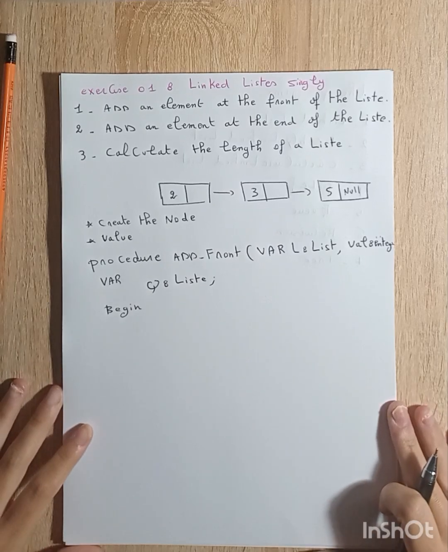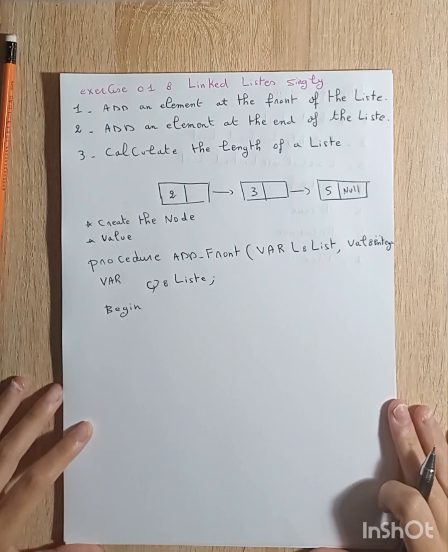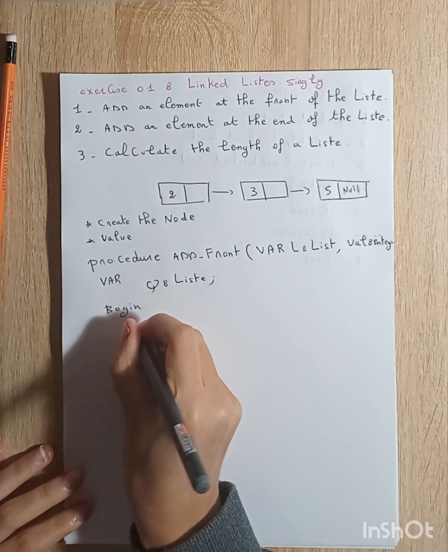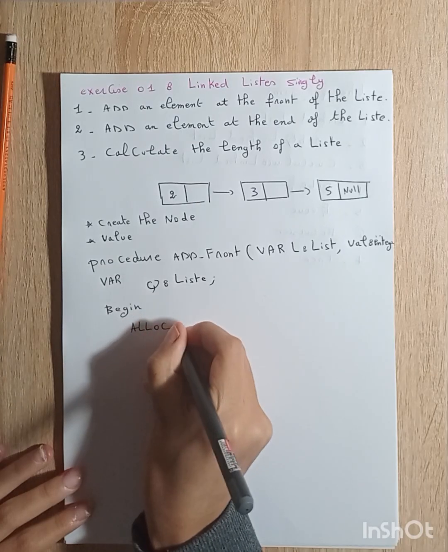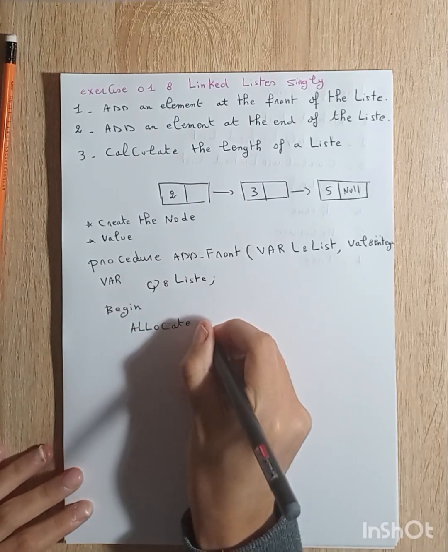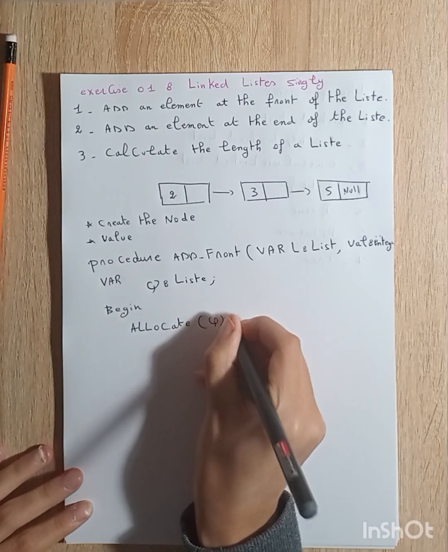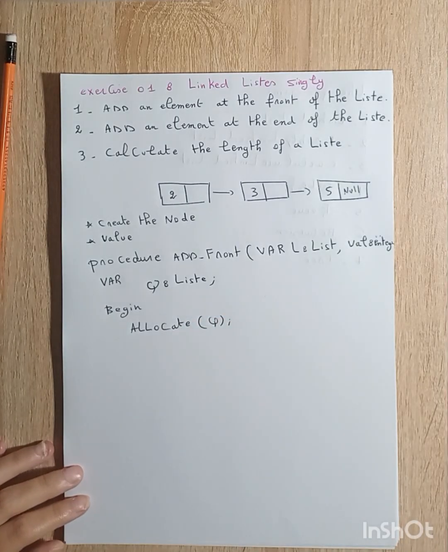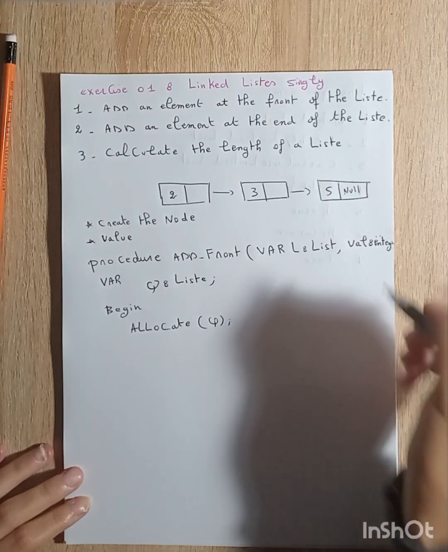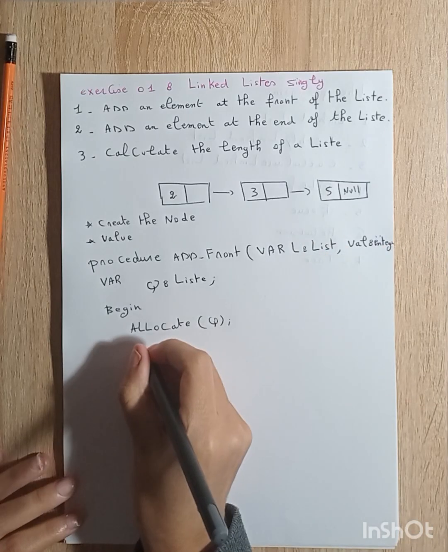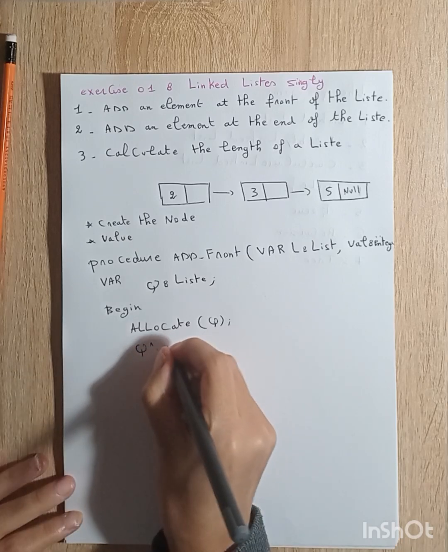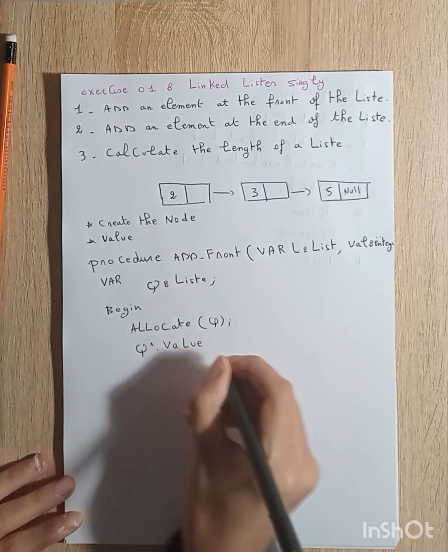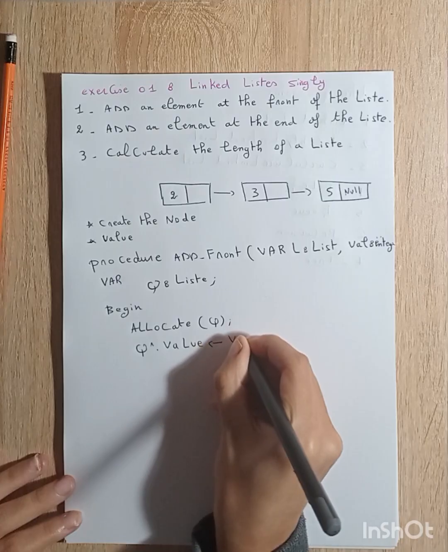The first one is called allocate. What does it do? It creates the node. Now we say allocate q. The second one, we will give this node a val that we write in the parameter. So we will write like this: q value val.